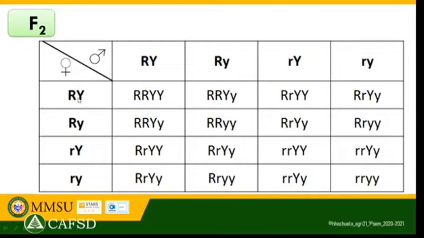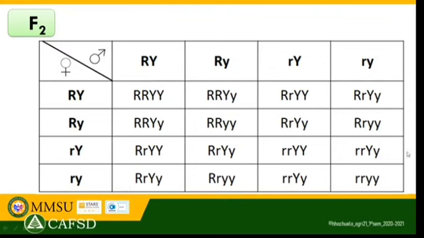So, dominant R and dominant Y combined with the dominant R, dominant Y, we produce a homozygous dominant individual for the two traits, seed color and seed texture. Same is true with this, dominant R, dominant Y combined with the dominant R, recessive Y, we produce this genotype, dominant R, dominant Y, recessive Y, and so on and so forth.